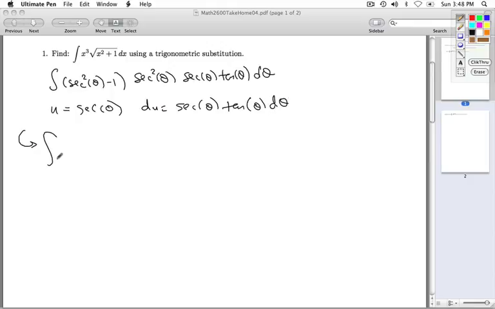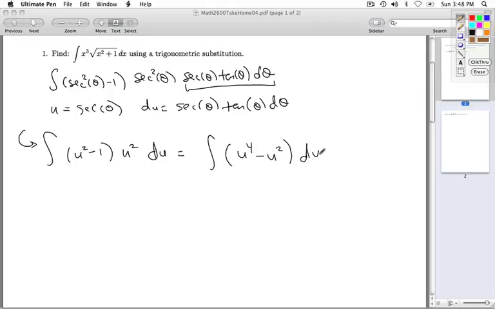And so this becomes u squared minus 1. This becomes u squared. And this entire thing is my du. I multiply through there, u to the 4th minus u squared du. And I get 1/5 u to the 5th minus 1/3 u cubed plus c.